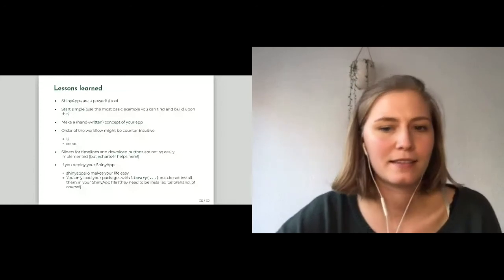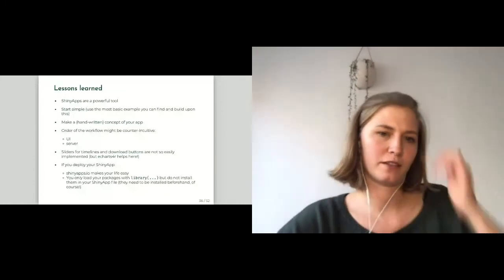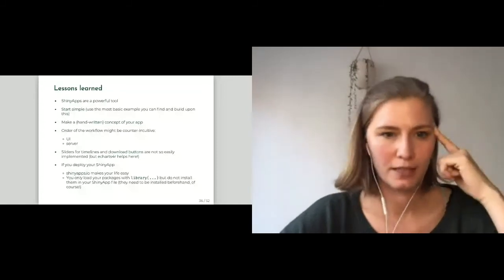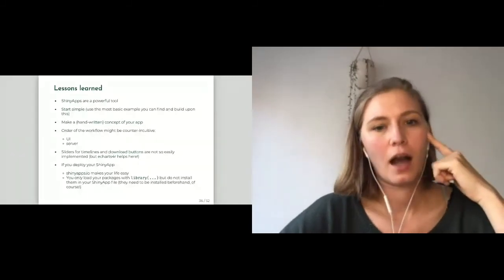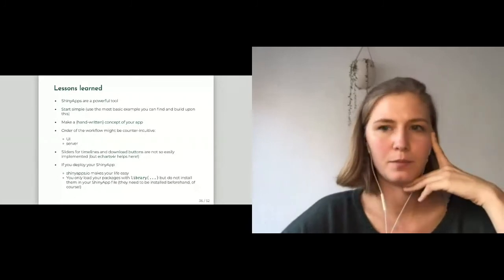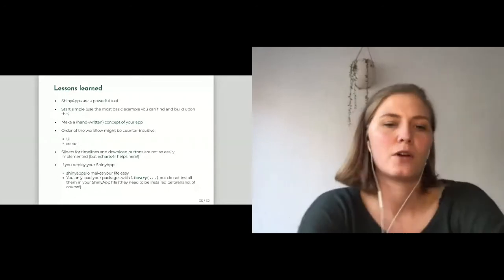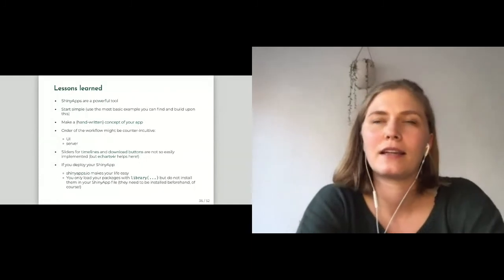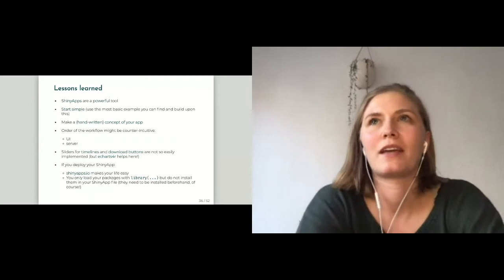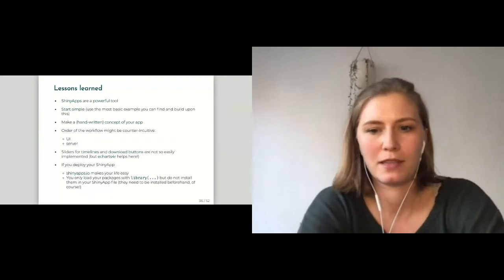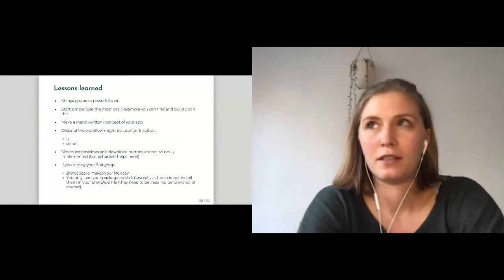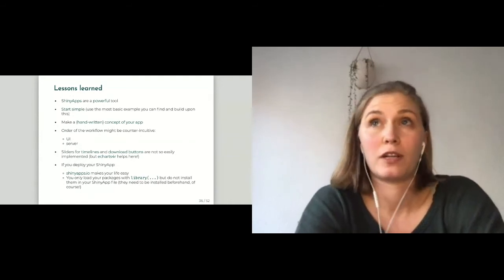But what I would recommend if you want to start off with your own Shiny app is to start off really simple. So I would use the most basic example that you can find and build up on that example. One thing that I did in the beginning, and I did it totally wrong, was that I thought, okay, my Shiny app should be something that a couple of people should be doing the same way, or should have thought of doing the same way.